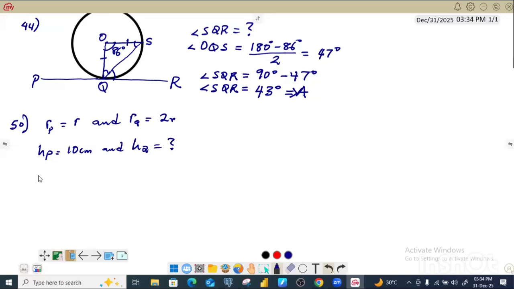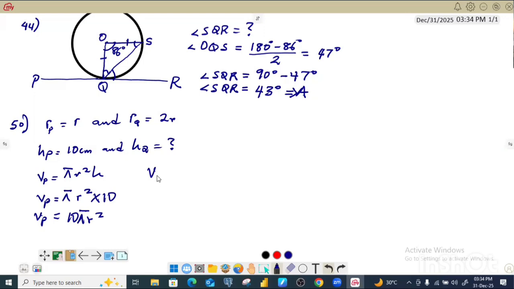VP equals pi r squared h, and that will give us pi multiplied by r squared multiplied by 10. I think that will be 10 pi r squared. That's VP.